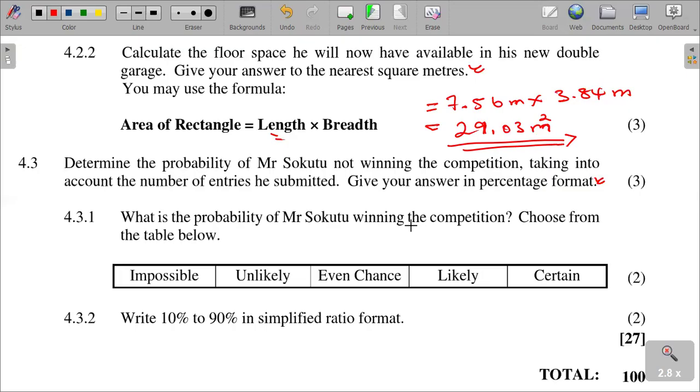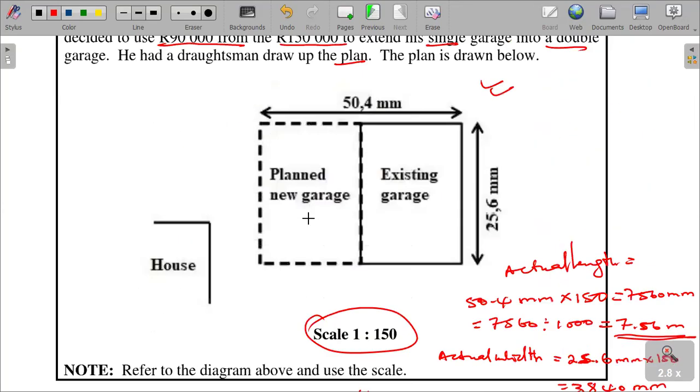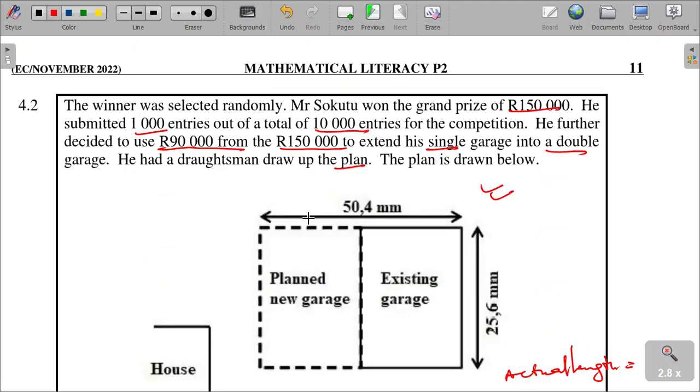So the probability of not winning. We are given that he submitted 1,000 out of a total of 10,000 entries for the competition.